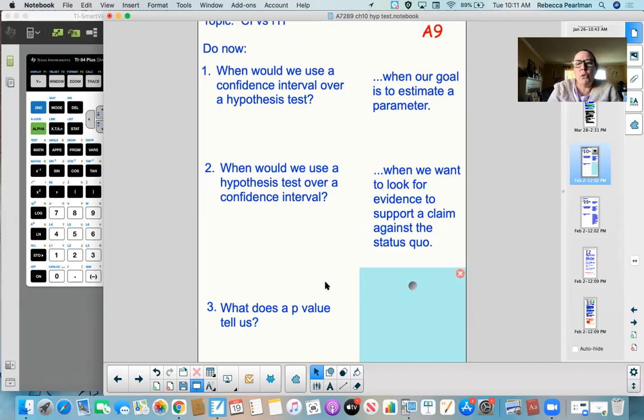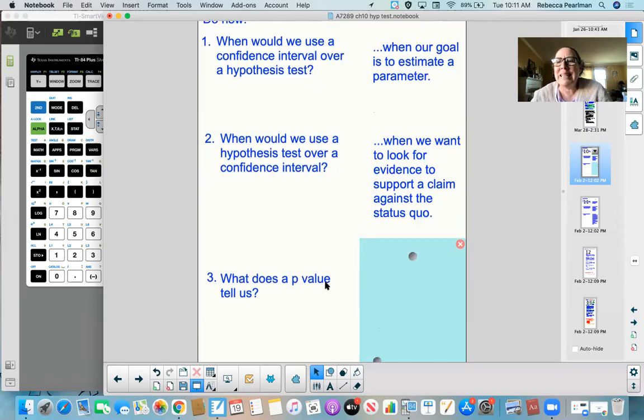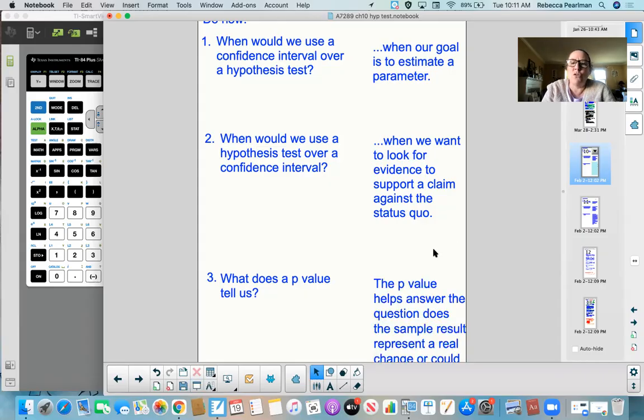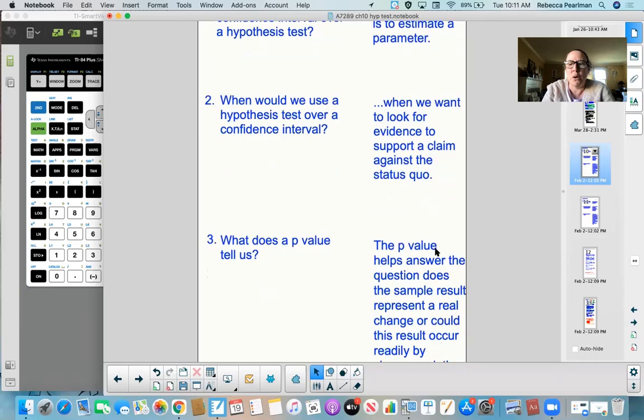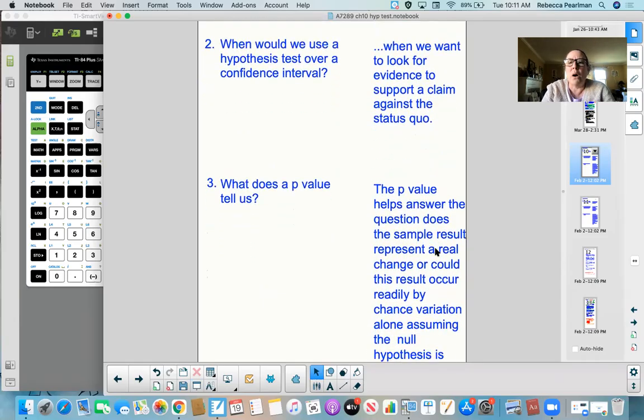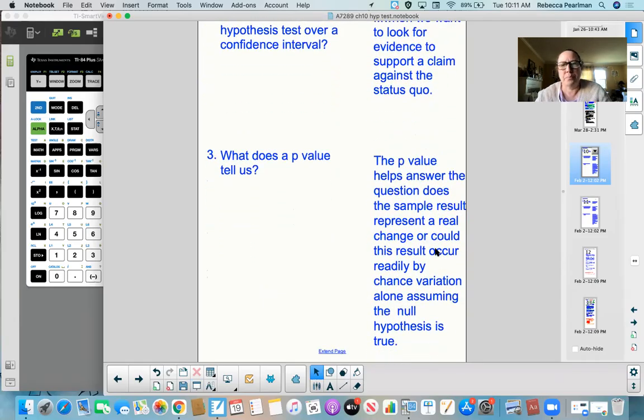The p-value is the probability of getting a sample result like we did, or more extreme in the direction of the alternative, assuming the null is true, by chance variation alone from sample to sample. It tells us whether or not we should reject the status quo and support our claim. So there it is.